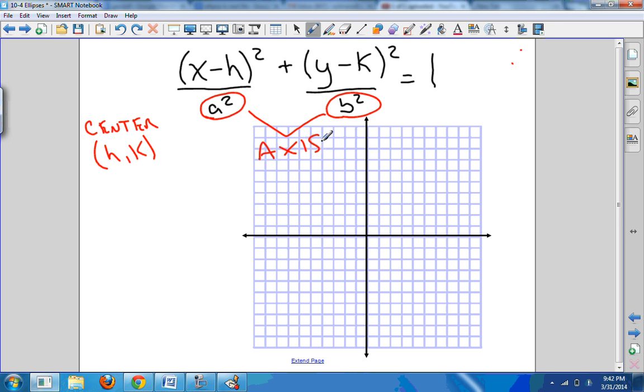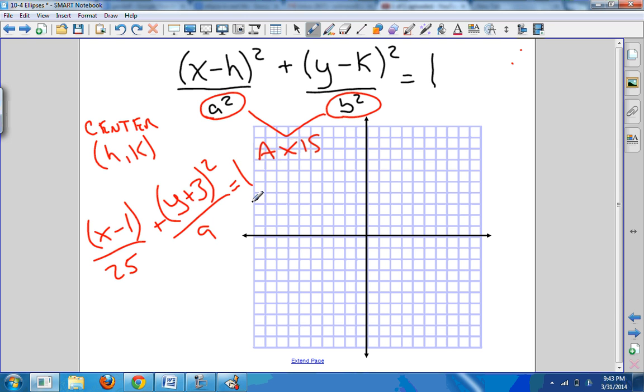Alright, so let me write down an equation so we'll be able to get an idea of what an ellipse is going to look like. (y plus 3) squared over 9 equals 1.